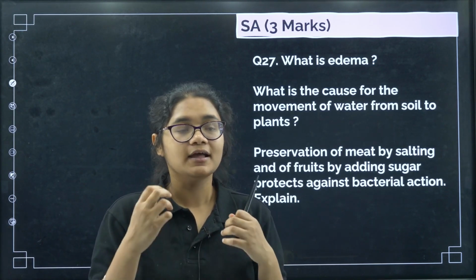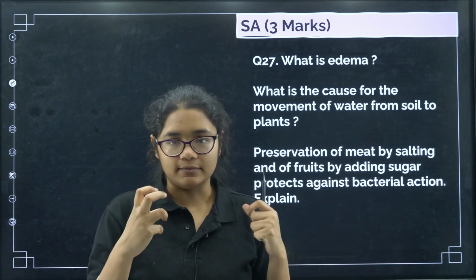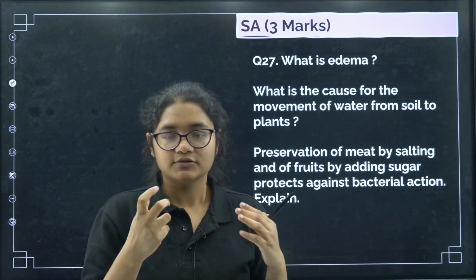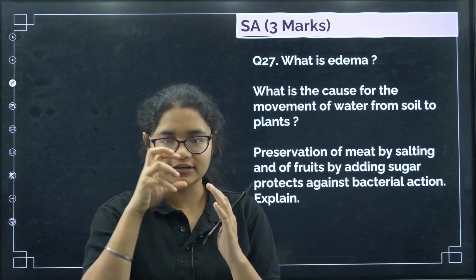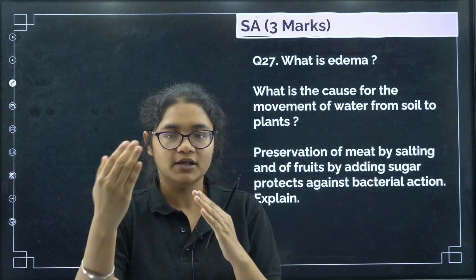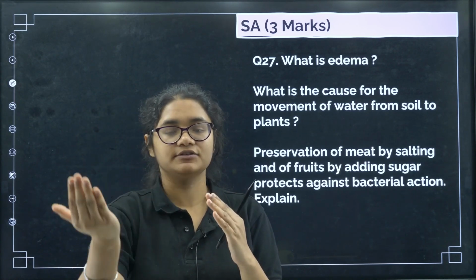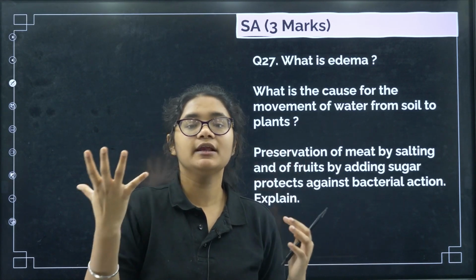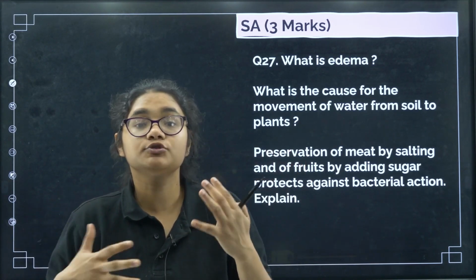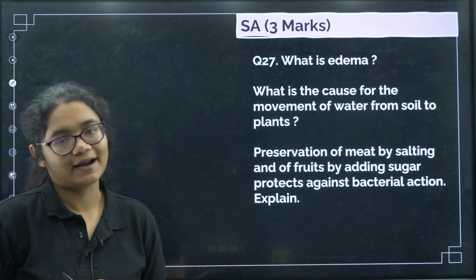Your cell will be concentrated. So water will flow in, because outside it is less concentration and your cell is high concentration, so water will flow from less concentration to high concentration and your cell will become bulky, or you can say it will swell. Okay, and that causes edema.